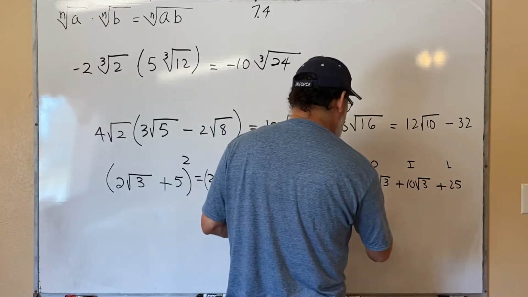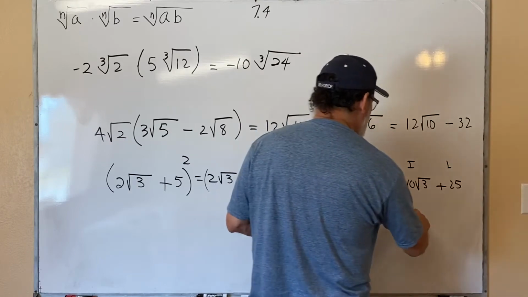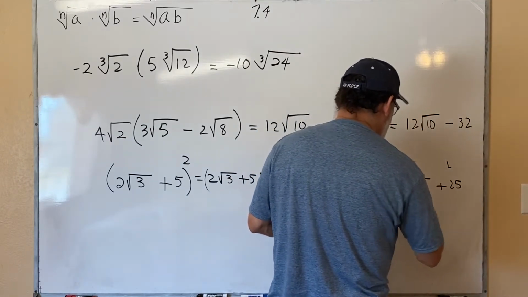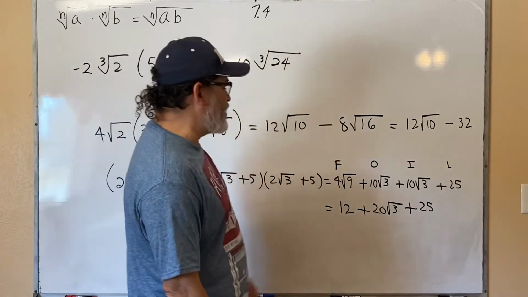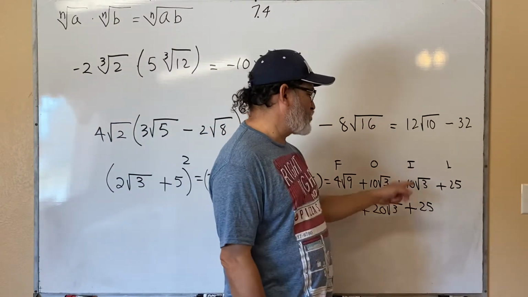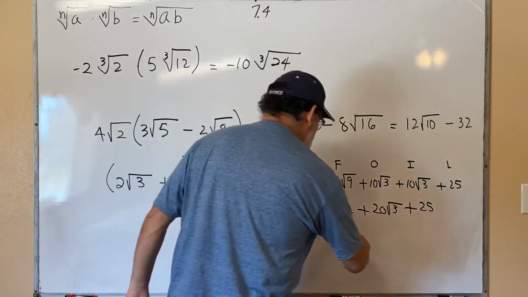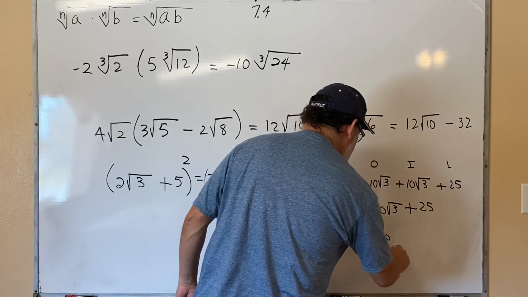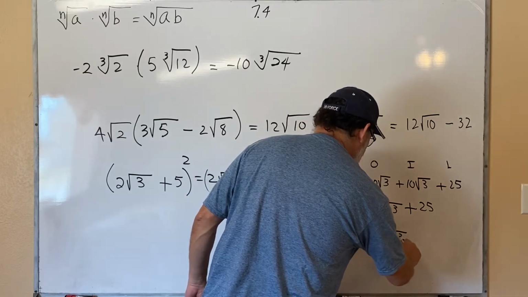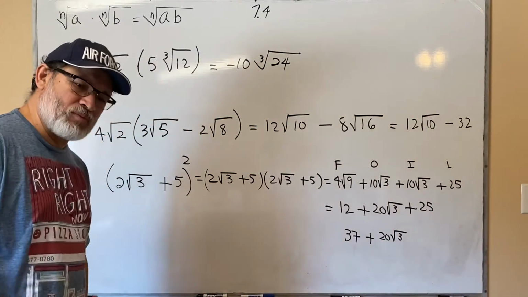That's going to be 20 the square root of 3, and then plus 25. If you take 12 plus 25, what do you get? You get 37 plus 20 the square root of 3, and there's nothing else you can do.